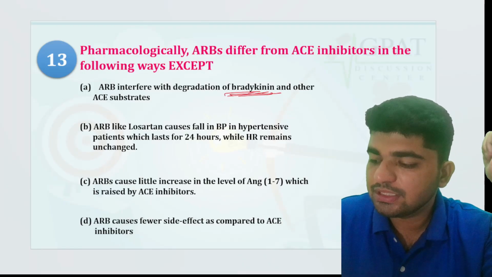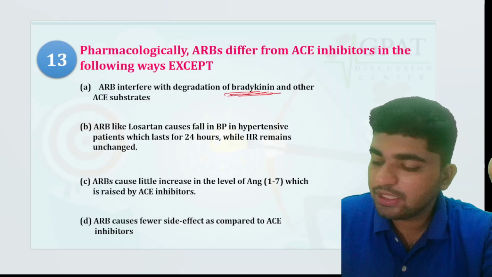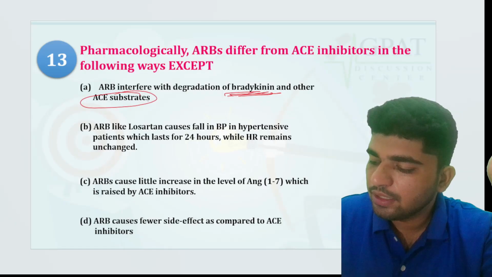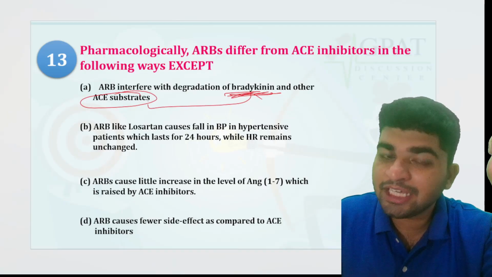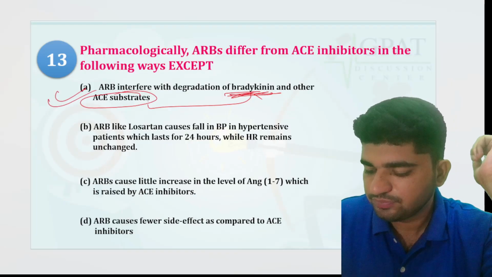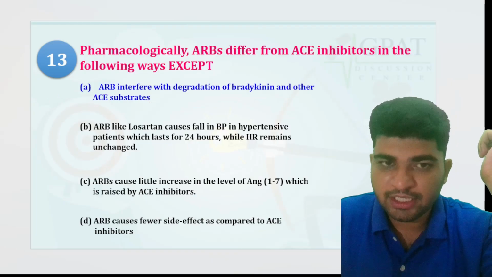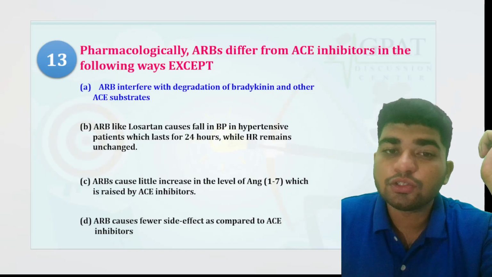No, because it is not involved in the degradation of bradykinin. Particularly the ACE inhibitors are responsible for bradykinin degradation, not ARB. So the first one is very much wrong. Yes, ARB interfere with degradation of bradykinin and other ACE substrates is the wrong difference.